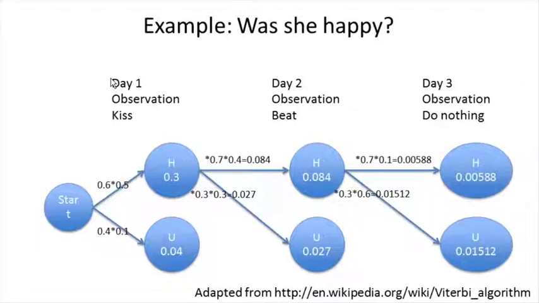Now the highest probability gives us this path. So it's most likely she is happy on the first day, and unhappy and still happy on the second day, and not happy on the third day. So we use the hidden Markov model to solve this question.